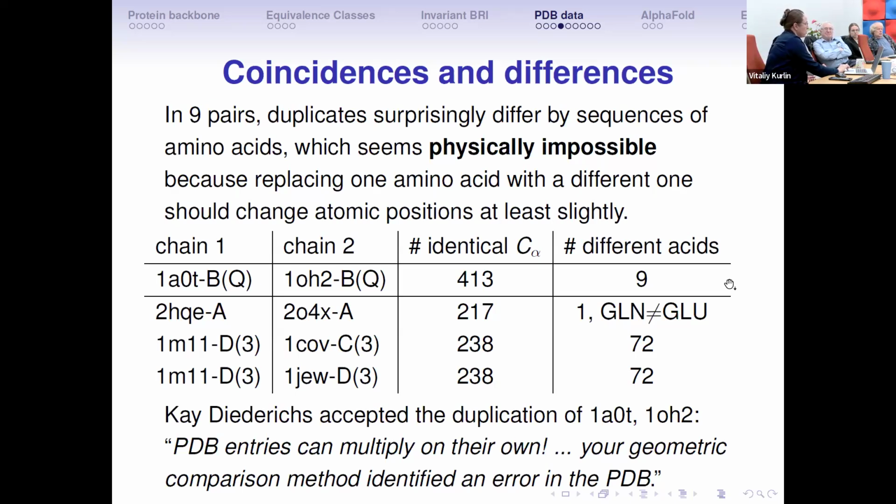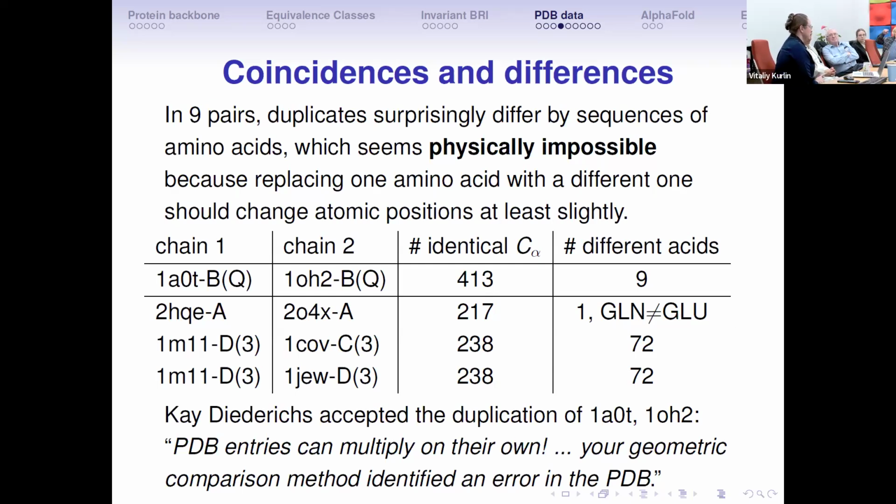And indeed, the author accepted the duplication of those 2 entries, said PDB entries apparently can multiply on their own, and praised our geometric comparison, which allows us to quickly identify errors. Those are just some examples. And here is another example, where there's just one difference, glycine and another residue in blue. I don't remember exactly the name.